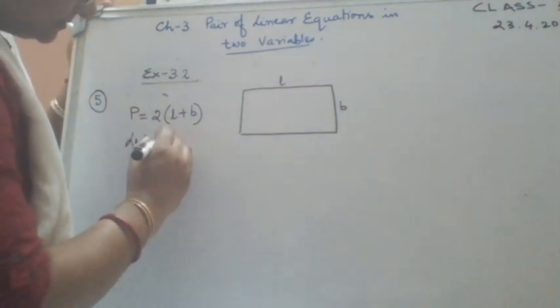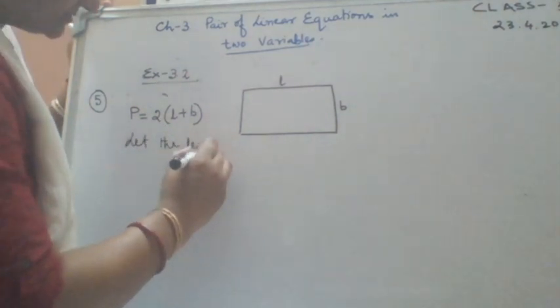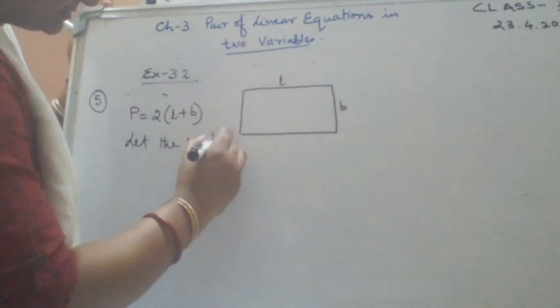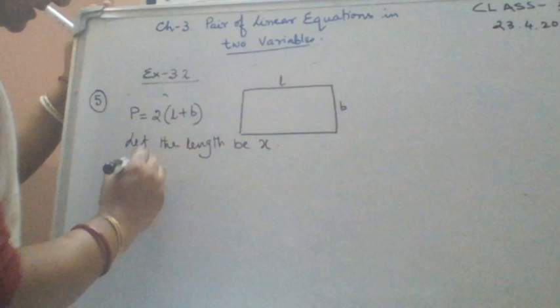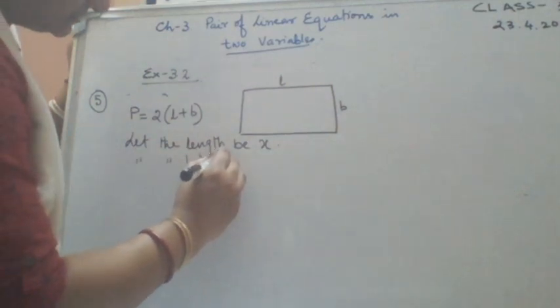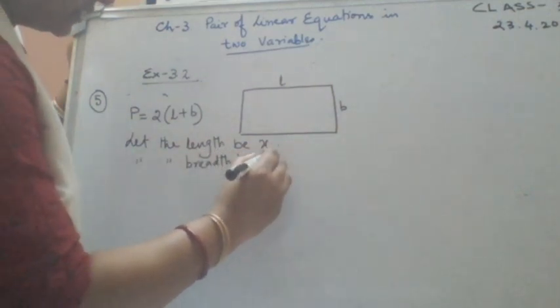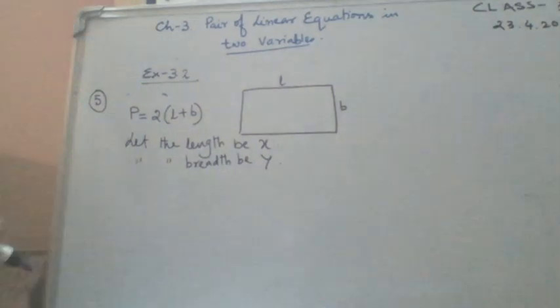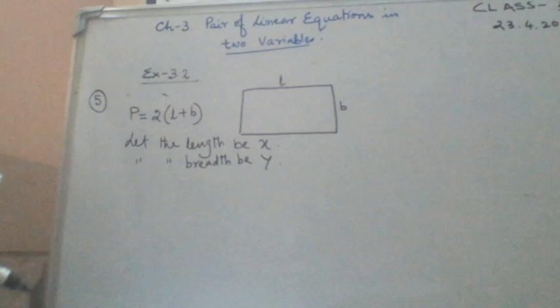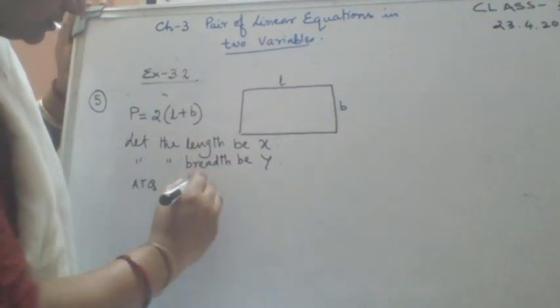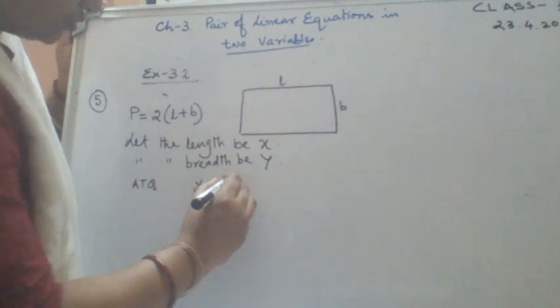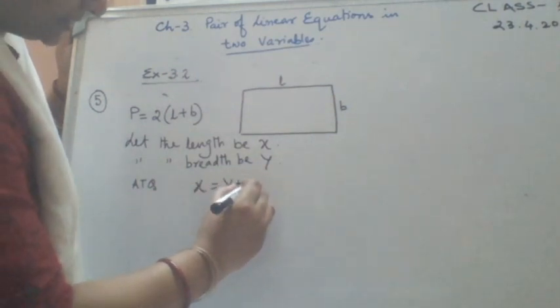Well, we start it like this. Let the length be x and let the breadth be y. And this is given to you according to the question. You know, length is more than the breadth by 4.